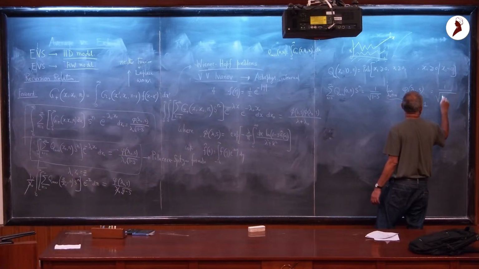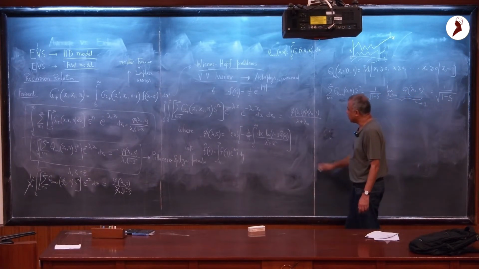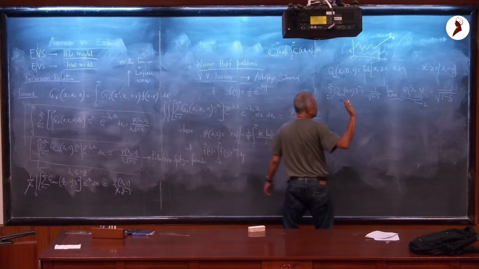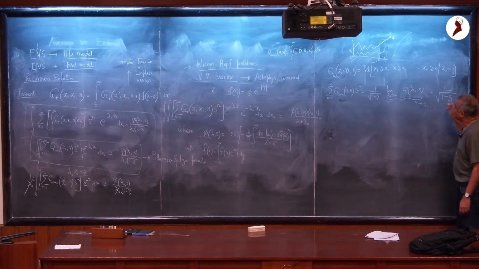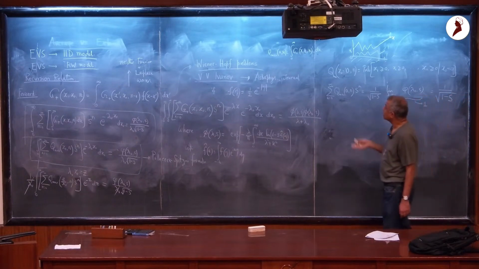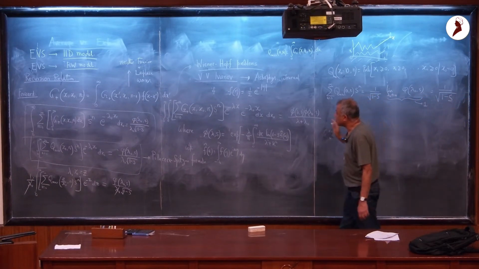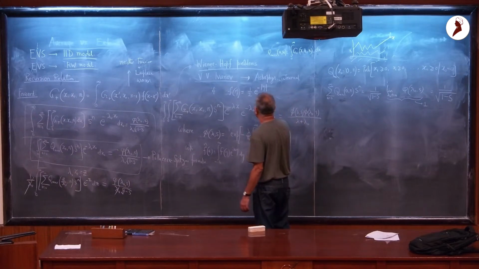So you have an amazing answer. The whole dependence on the noise distribution has just dropped out. So this is a totally universal result. That means if I take any random walk, whatever the jump distribution, as long as, I forgot to say, one assumption here is that f of eta has to be symmetric and continuous.